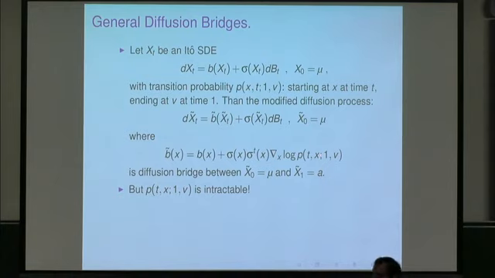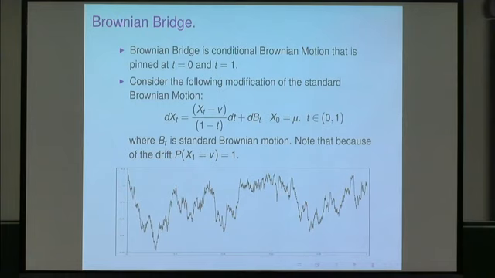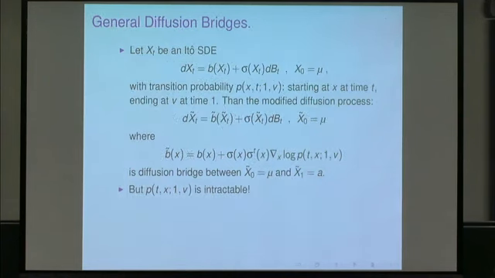So in some sense this is even a lot more complicated than calculating the probability of starting at time point 0 at x and hitting your v at time point 1. The interesting thing is, for the standard Brownian bridge, this drift, v minus x of t over 1 minus t, is exactly the derivative of the log of e to the minus x minus v squared divided by 1 minus t, which is the transition probability that you have exactly here.